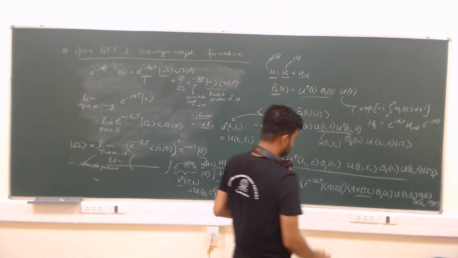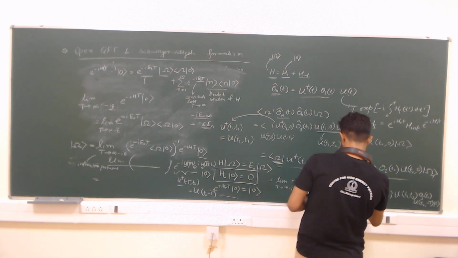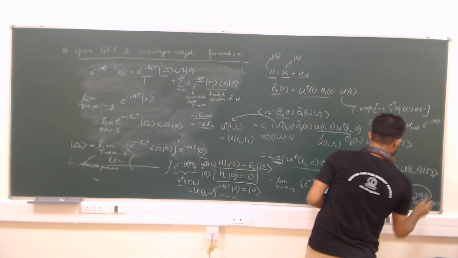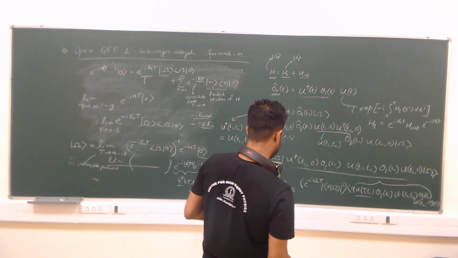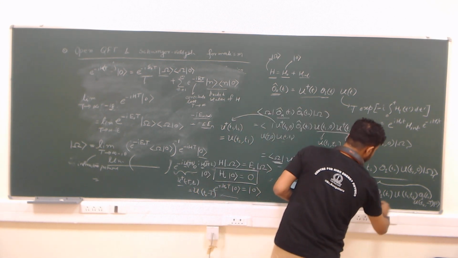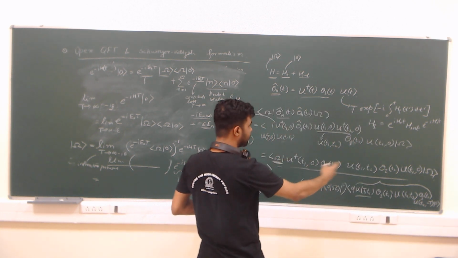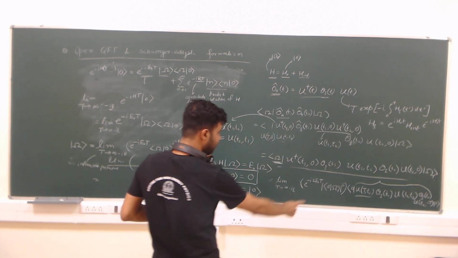Now, if we look at this part and carefully do the time ordering, carefully understand time ordering in each of those terms, because these terms are already sort of time ordered from my definition of u.